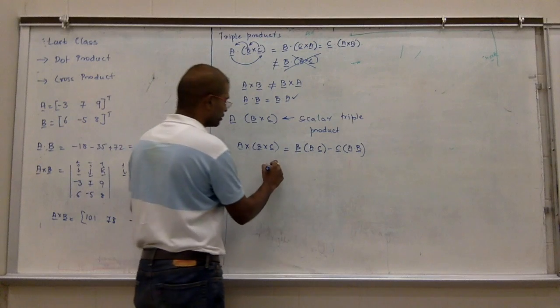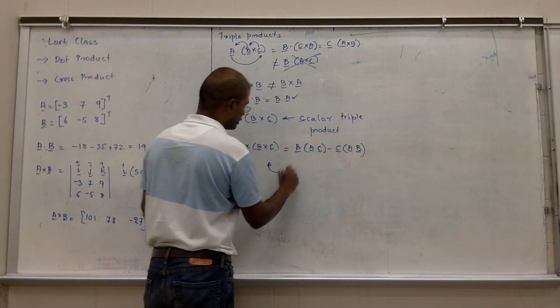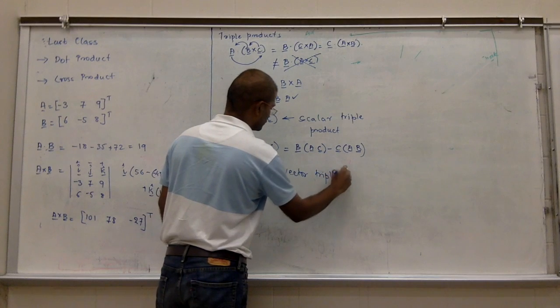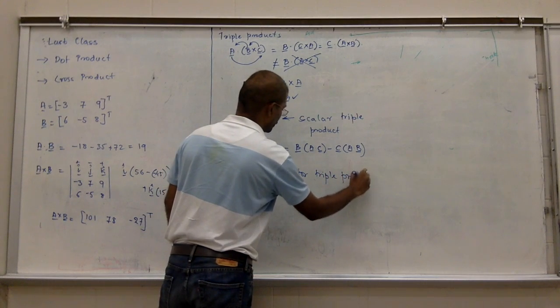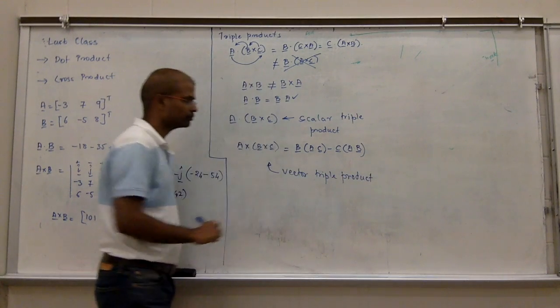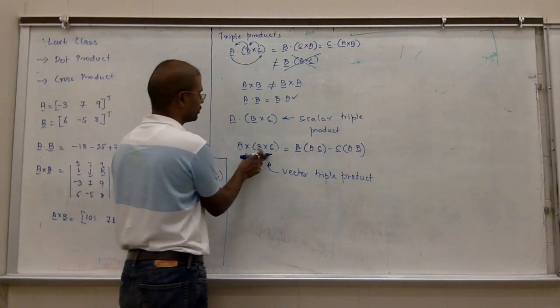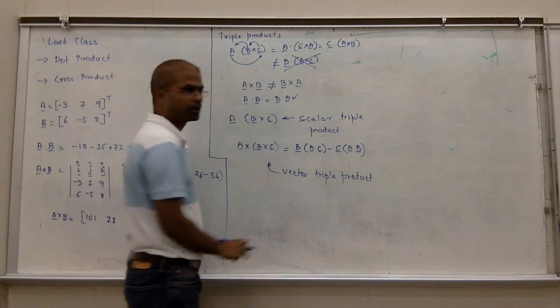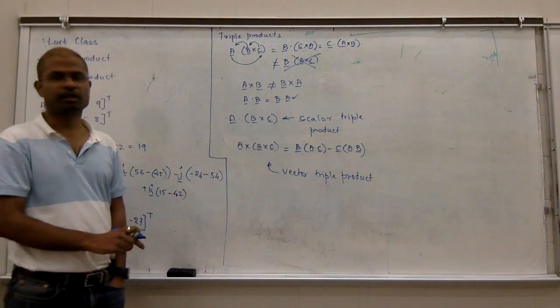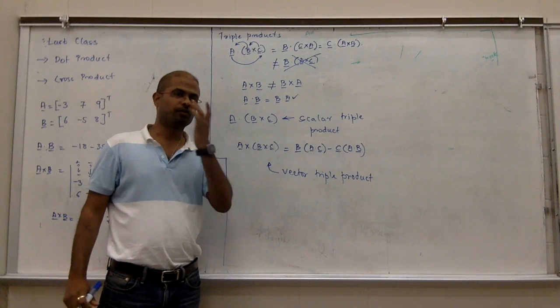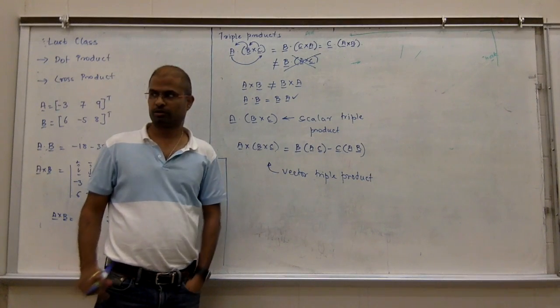So this is called the vector triple product. You have to just remember, this is another way of solving this. If you have this, you can solve it like this. And you will be given some assignment problems where you will be required to use this back minus cab rule and apply it. Can you do it?